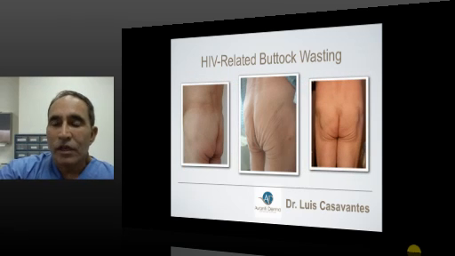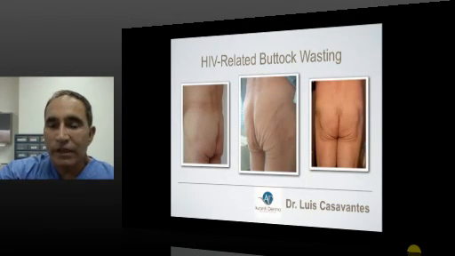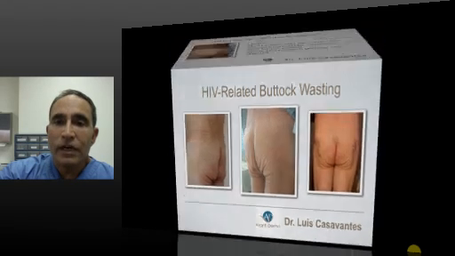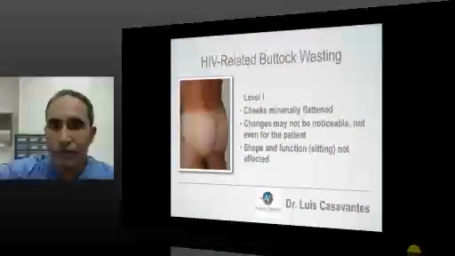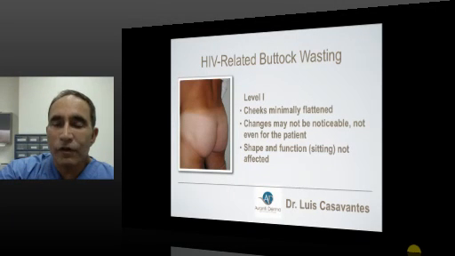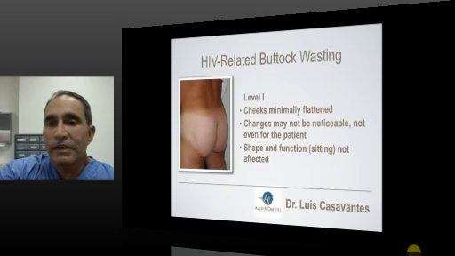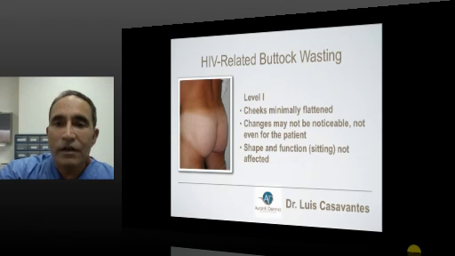As we mentioned, the wasting affects also the buttocks, and I have also created a classification for this. Level 1 of buttock wasting is not noticeable. Basically, the changes are not noticeable for even the patient or the physician, and there is no affection of the function.